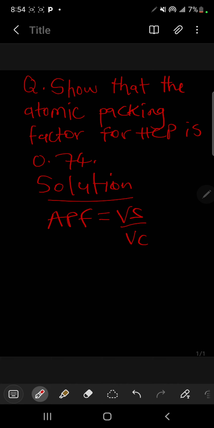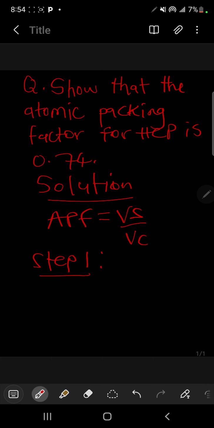For such kind of a question, it's always ideal to say, step one, we need to know first and foremost how many atoms are contained in an HCP crystal structure. So yeah, we can do just that.